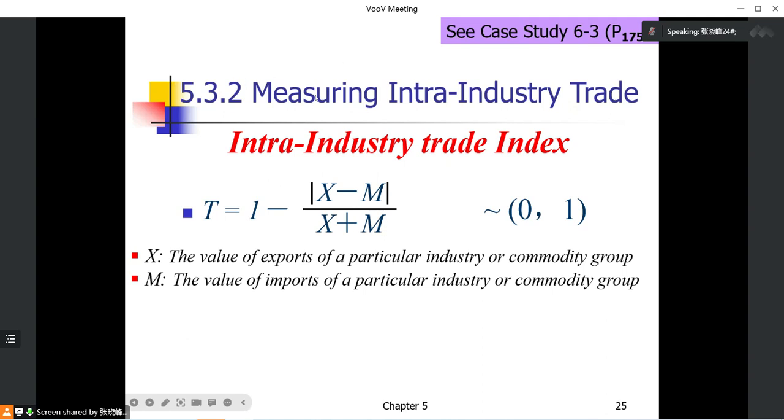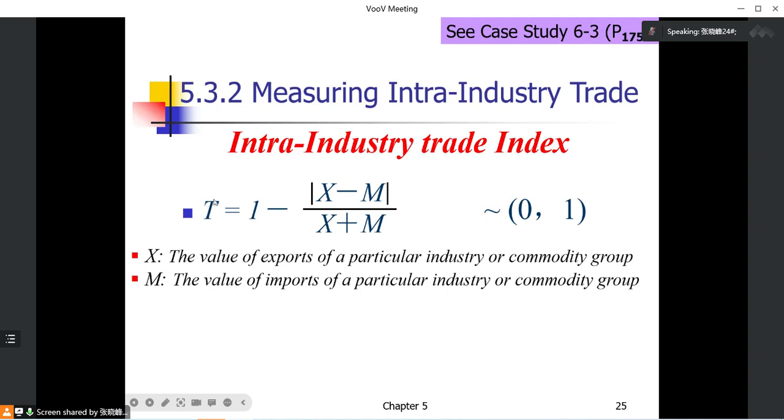How to measure intra-industry trade? This is the quantitative study, that is the intra-industry index. X represents the value of exports of a particular industry or commodity group. M is the value of the imports of a particular industry or commodity group.